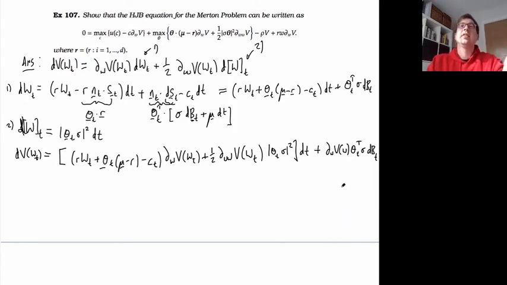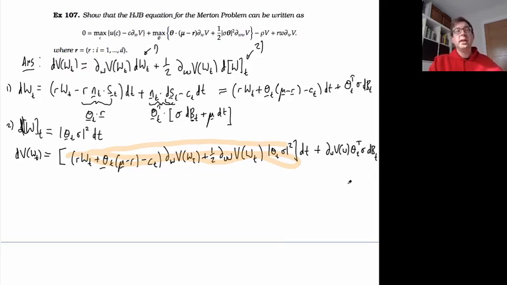That collects together all the terms, and so in the square brackets I've got the drift term, this part, and then this is the diffusion part.